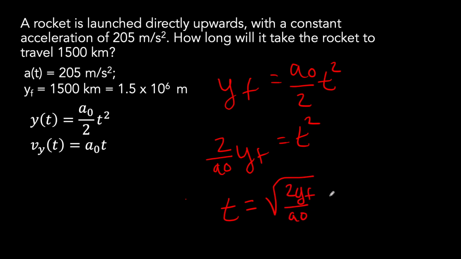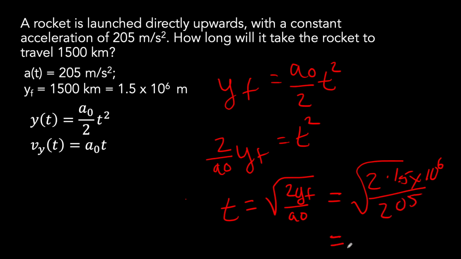And now the time has come to put in numbers. Time is equal to the square root of 2 times 1.5 times 10 to the 6 divided by 205. And that gives us a value of 120.97, and we always want to include a unit, so this is in seconds.